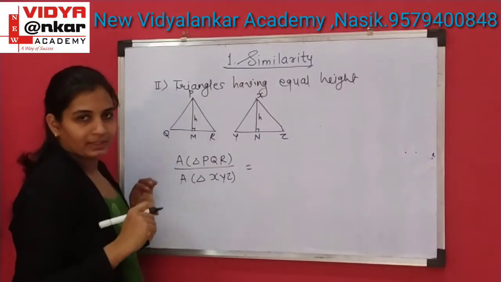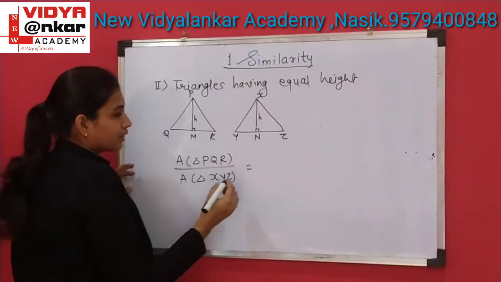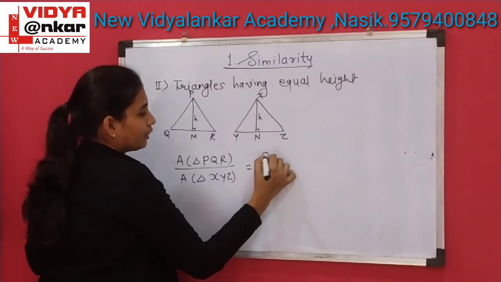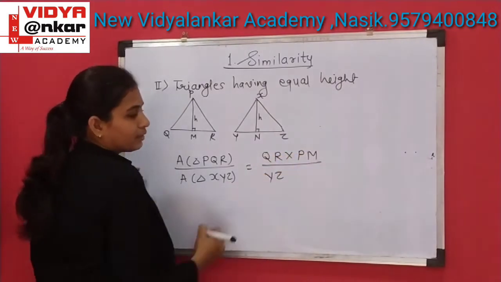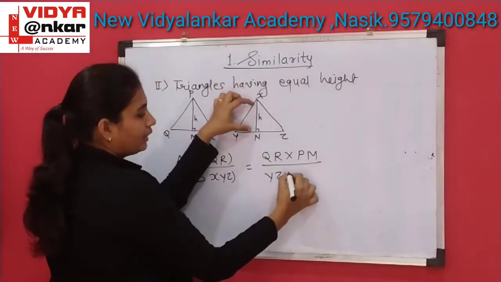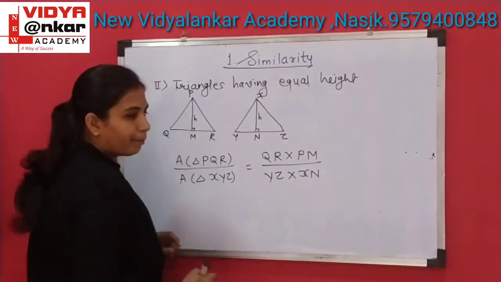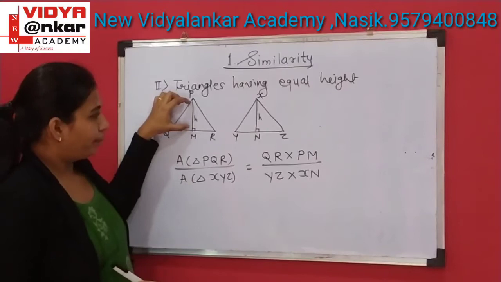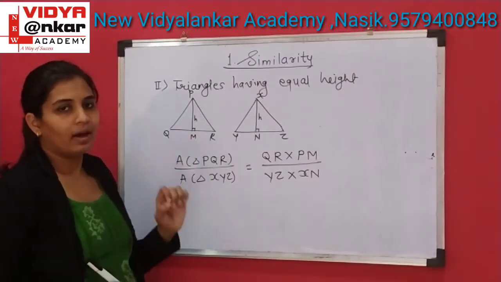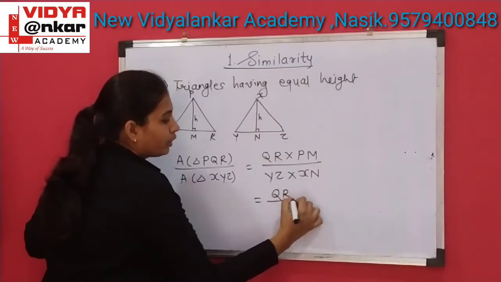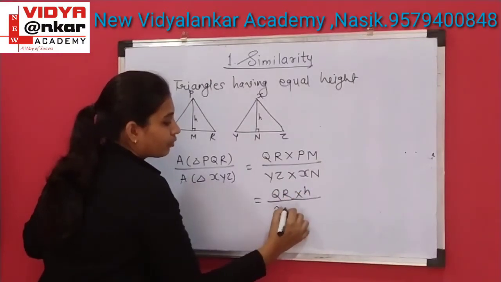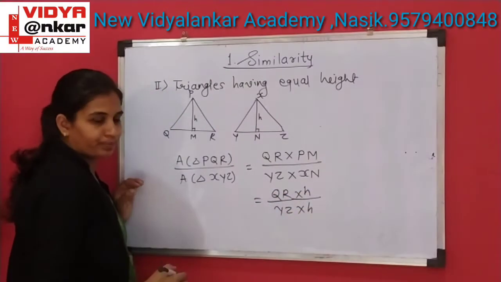1/2 will get cancelled as per our discussion. Base is QR, height is PN. Base is YZ, height is XN. But we know that PN and XN are equal to h. So we substitute the values: QR into h, YZ into h.